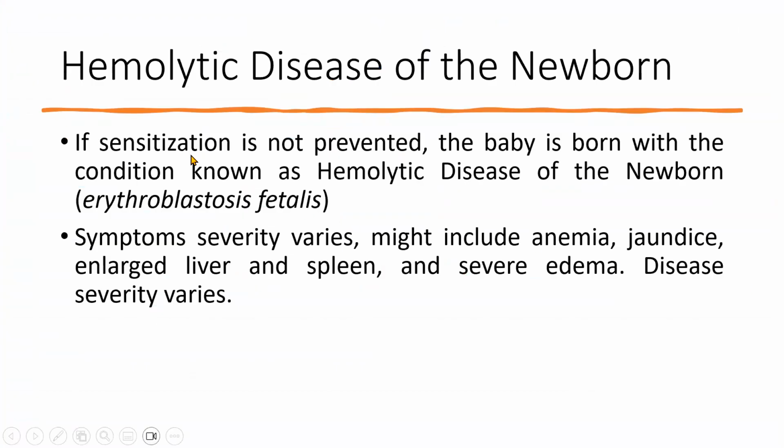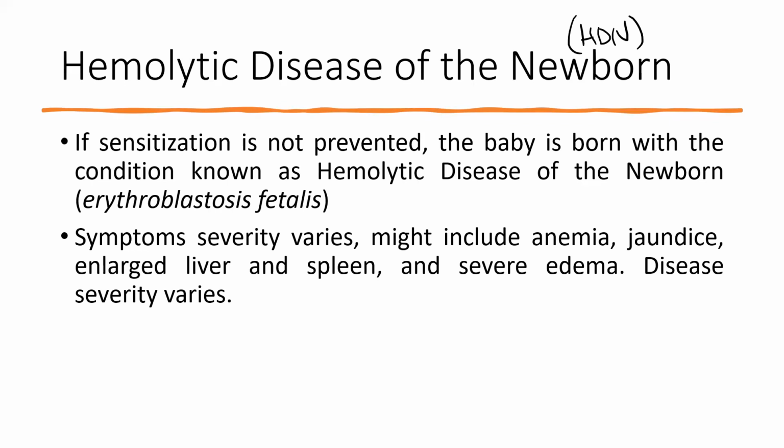If sensitization is not prevented, then in future pregnancies the baby is going to be born with hemolytic disease of the newborn. There's a fancy name for it, but we can just call it HDN. It's important to realize hemolytic disease of the newborn is not restricted to Rh incompatibility.